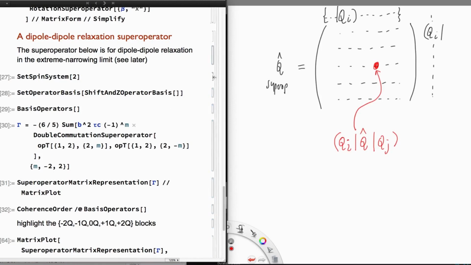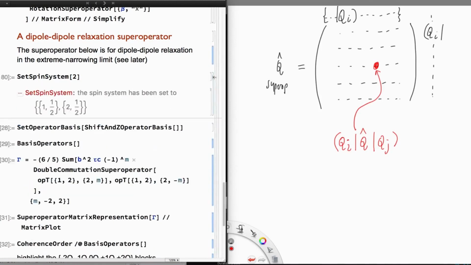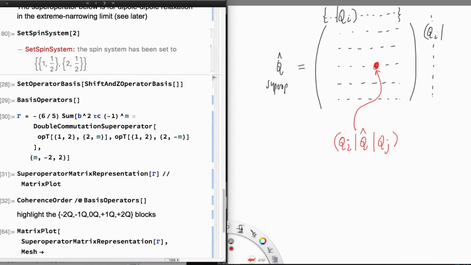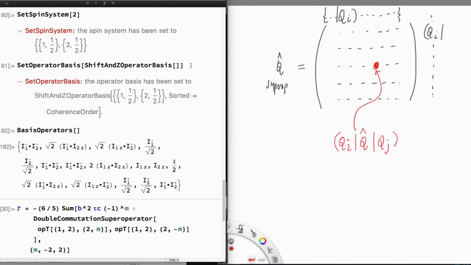So here again we have a 2-spin-half system. Here I've just set up again the shift and Z operator basis chosen here.